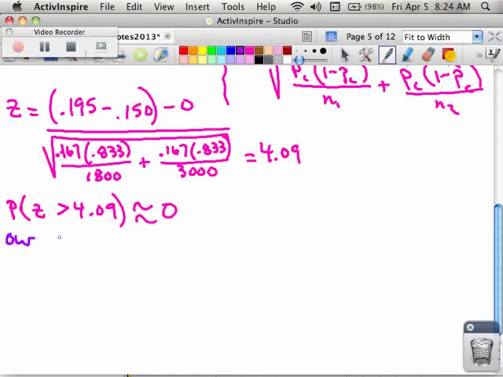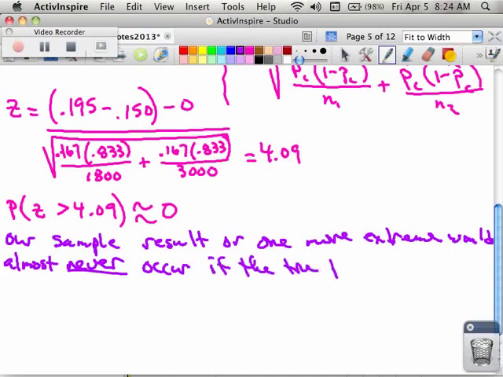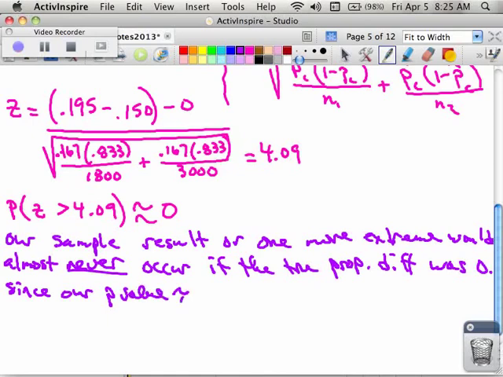Okay, so our sample result, or one more extreme, would almost never occur if the true proportion difference was 0, since our p-value, which is approximately equal to 0, is less than our alpha. Did they tell us our alpha?